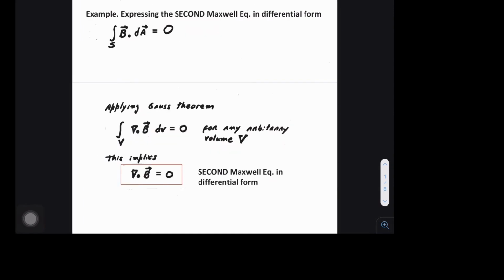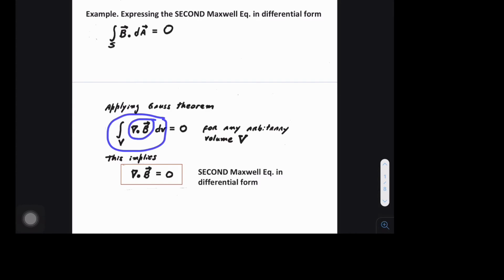Now the second equation of Maxwell tells us that there is no magnetic monopole. That is, the total magnetic flux through a closed surface is equal to 0. Now applying Gauss's theorem, we can rewrite this surface integral as the volume integral of the divergence of the magnetic field, which is valid for any arbitrary volume V. And now for this integral to be 0 for any arbitrary volume, the integrand here must be 0.